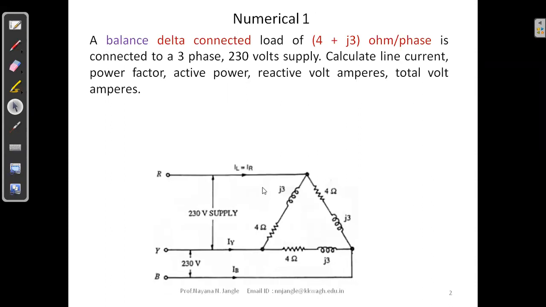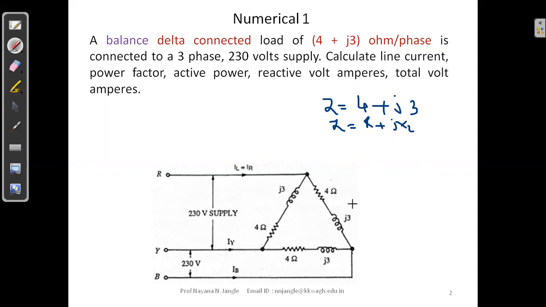Okay, so this is a balanced delta connected load. Here the load is 4 plus j3 ohm. So this 4 plus j3 ohm is nothing but your impedance Z, and Z is given by Z is equal to R plus jXL.